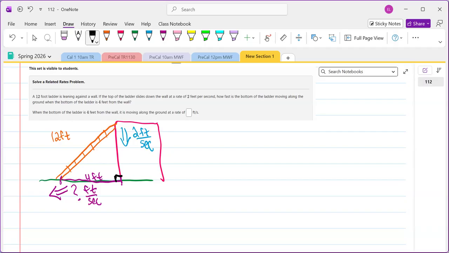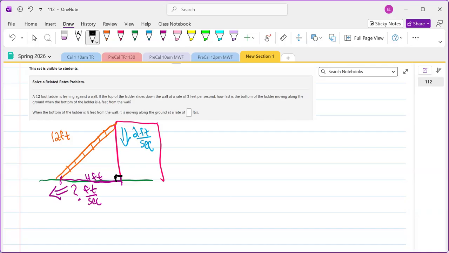So I have a right triangle, and the quantities I'm looking at are the lengths of the sides of the triangle. So I need a formula that relates the lengths of the sides of the triangle. What theorem does that? Yep, Pythagorean theorem.